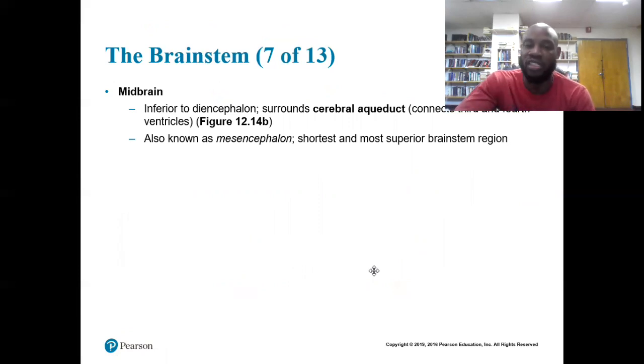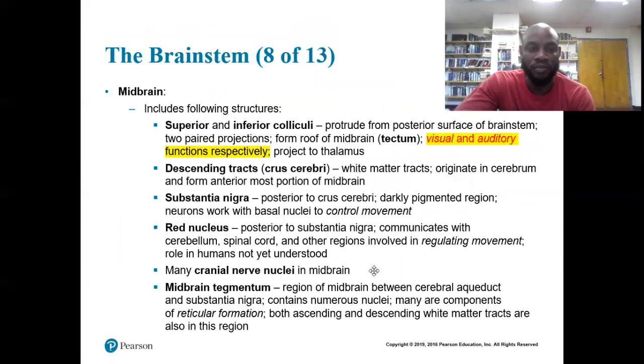So at the top of the brainstem, right, inferior to the diencephalon. What does it do? That section of the brain, superior and inferior colliculi, protrude from posterior surface of the brainstem.